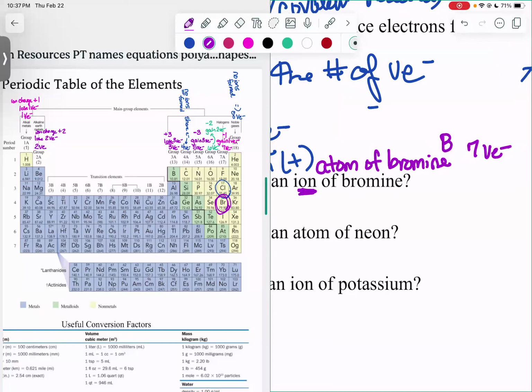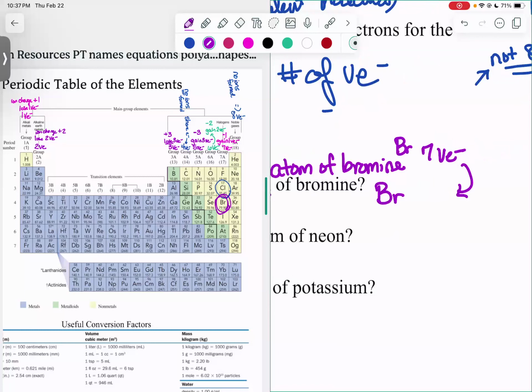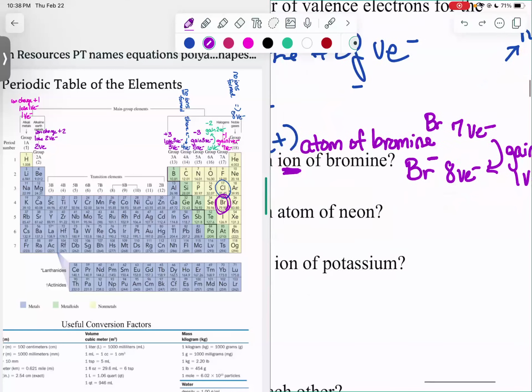Plain old bromine has 7 valence electrons, but the bromine ion is going to gain 1 valence electron. So now it's going to have 8 valence electrons, and I'm going to have to call it Br minus, right? Just like I did Cl minus, that's a superscript, that's the charge, and that's how we write it.